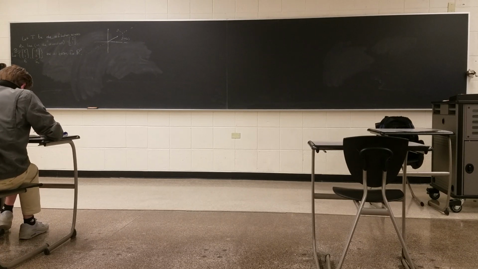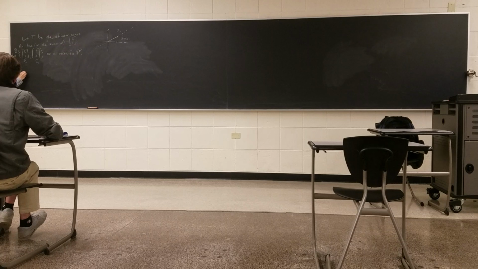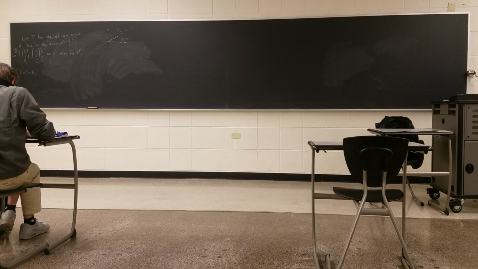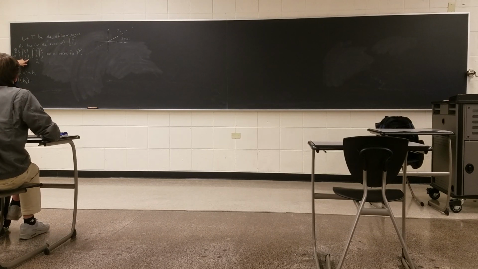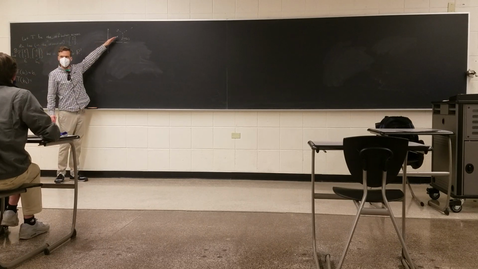then what does T do to B1? It's just B1. And what does T do to B2? Well, okay, so why is this one? I didn't give any explanation for this. What's so obvious about this? Well, this 2, 1 is actually on the line.